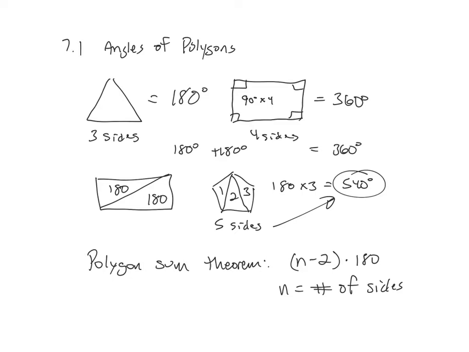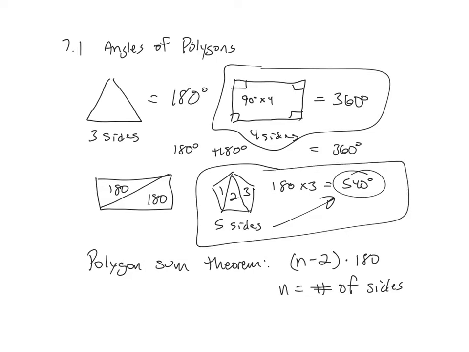Looking at these 3 examples, 4 sides is 360, 5 sides is 540, 3 sides is 180. If you put the number of sides into this formula: triangle, 3 minus 2 is 1, 1 times 180, 180. Rectangle, 4 sides, 4 minus 2 is 2, 2 times 180, 360. 5 sides, 5 minus 2 is 3, 3 times 180, 540. So on and so on.